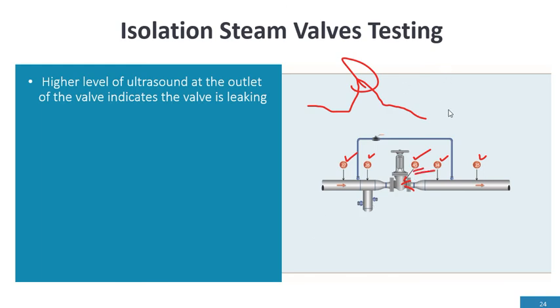This measurement is greater than my measurements downstream and upstream. So the valve is leaking through. And the variance of this decibel reading versus my measurements upstream or downstream tells me how severely the valve is leaking through.